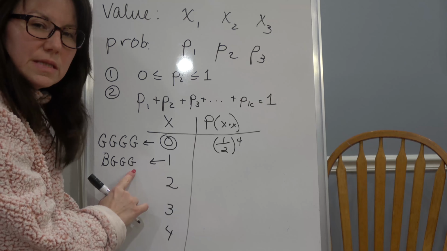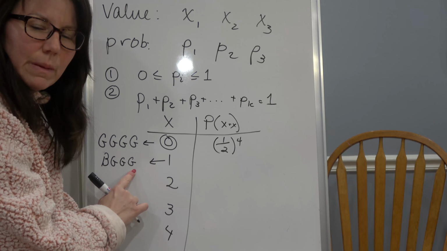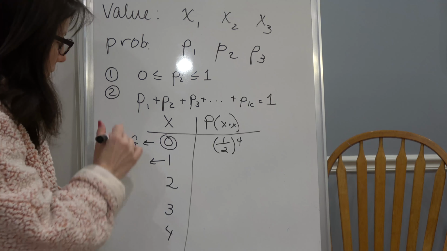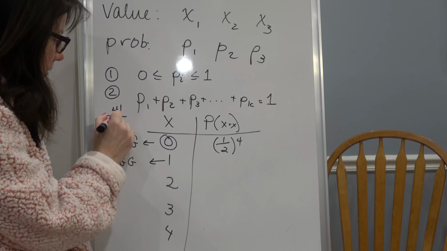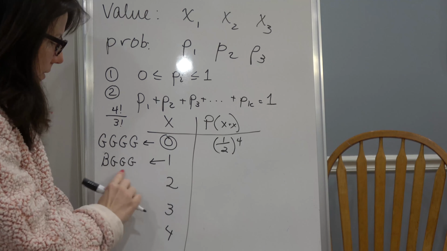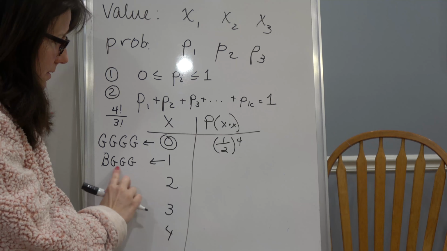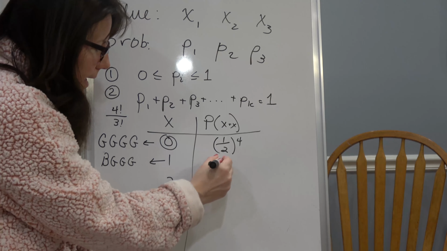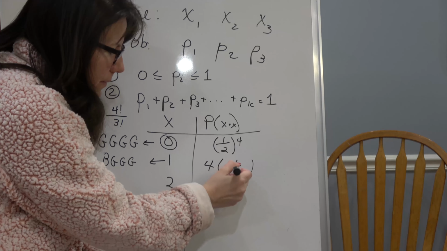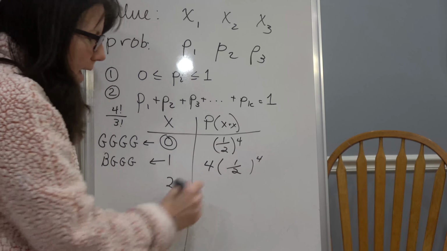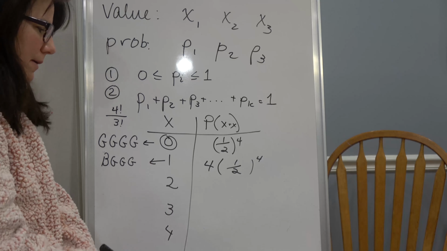Or you could use Mississippi counting for that, right? Remember Mississippi counting? 4 factorial over 3 factorial, because you have 3 repeats here, so that would equal 4. And it would be the same string of probabilities, right? 1/2, 1/2, 1/2, 1/2.